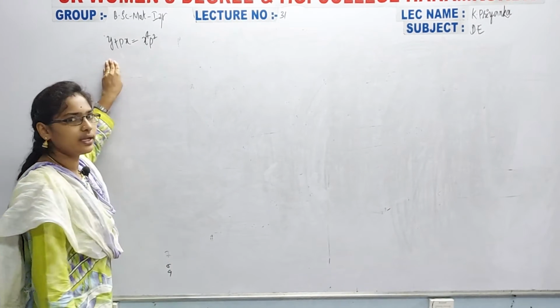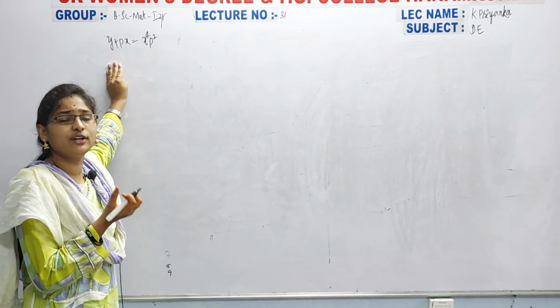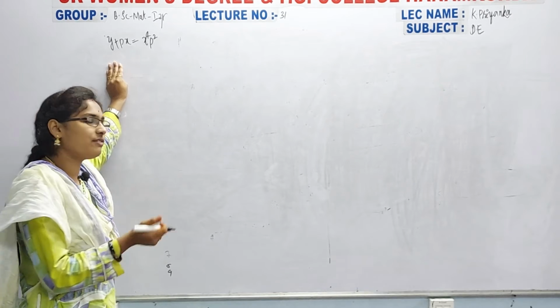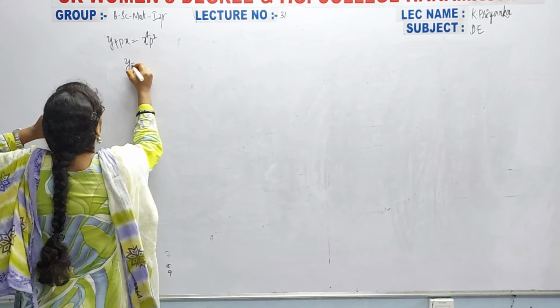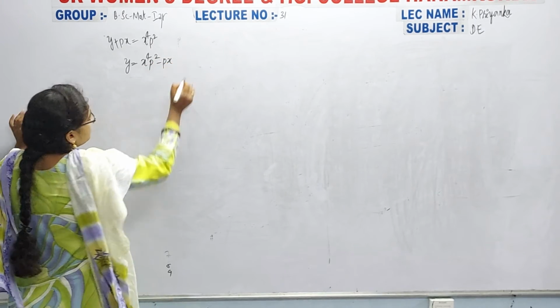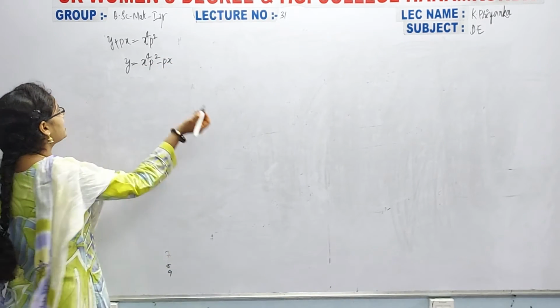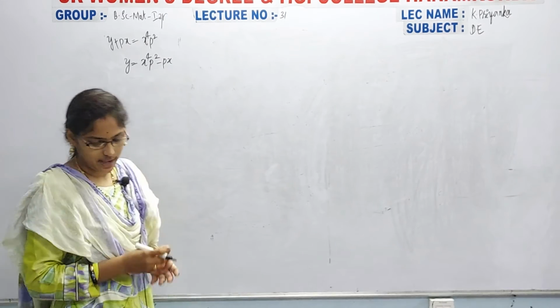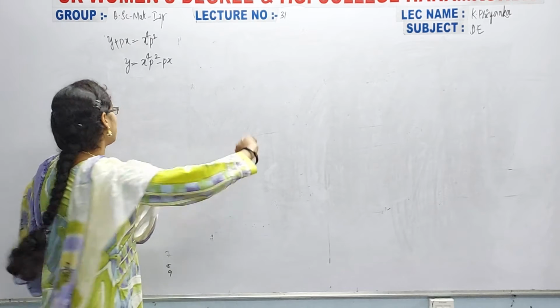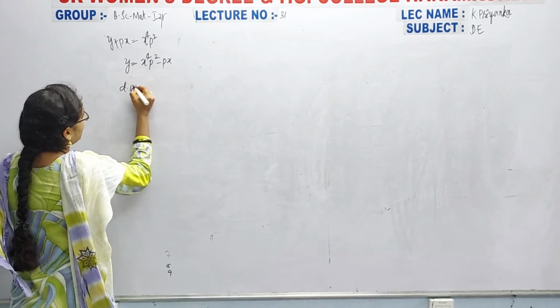So this is a simple identification of a problem related to the equation solvable for y. It is very easy to get the value of y here: x power 4 p square minus px. This is nothing but the value of y.